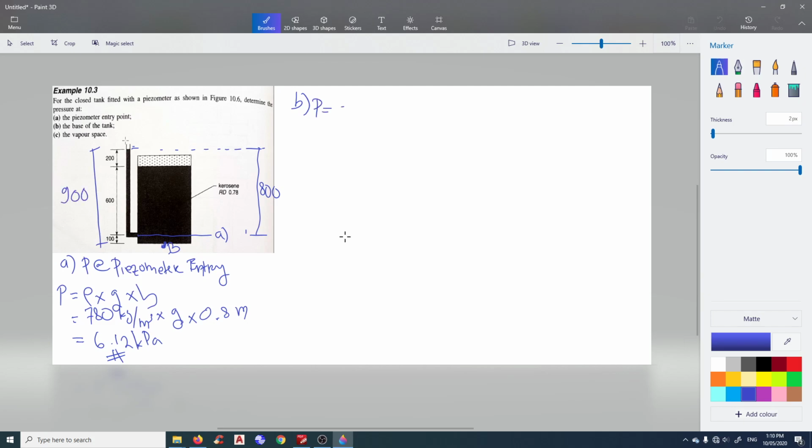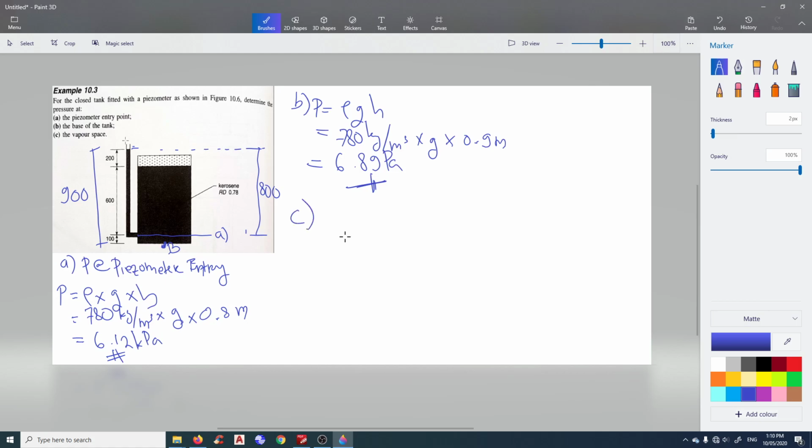So do the same thing again. 780 multiplied by, instead of 800, now it's 900. But don't forget to convert it to meter. So it's 0.9, which gives 6.89 kPa.